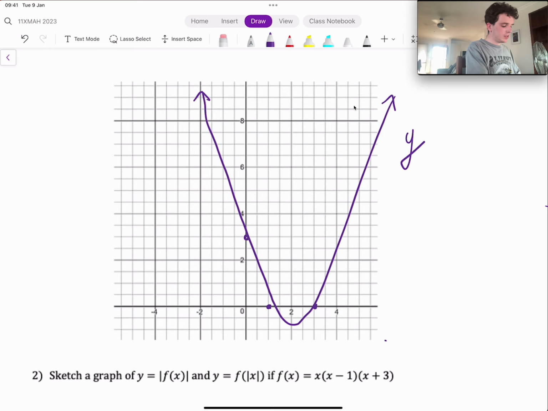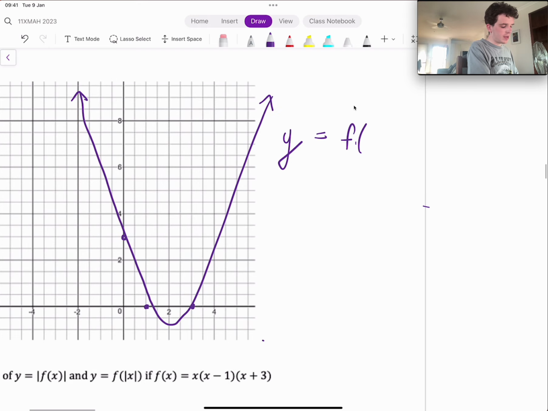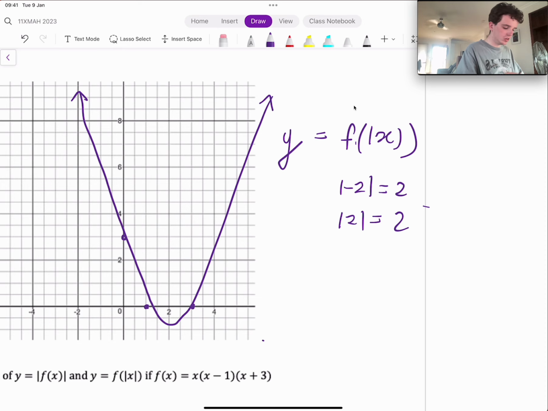If we think about what this means, y is equal to f of the absolute value of x. What that means is that the absolute value of minus 2 is 2, and the absolute value of 2 is 2. So all of my x values, whether they're positive or negative, are going to result in the same y value.